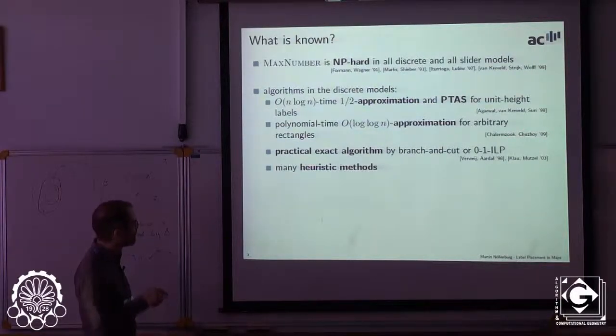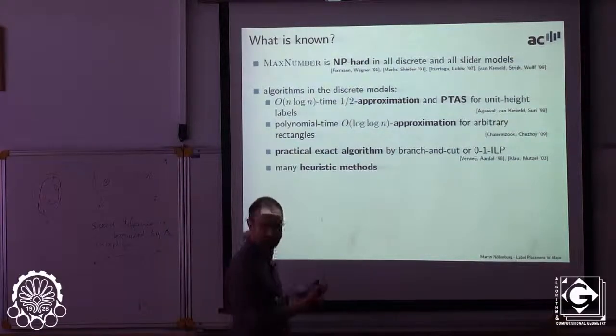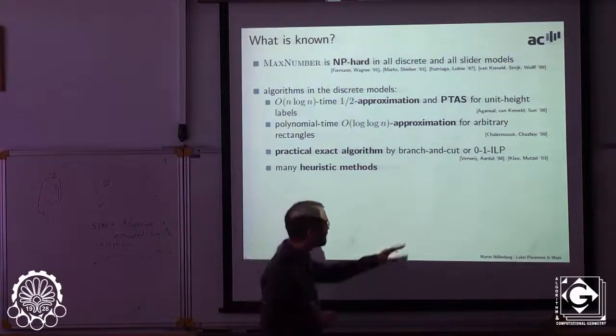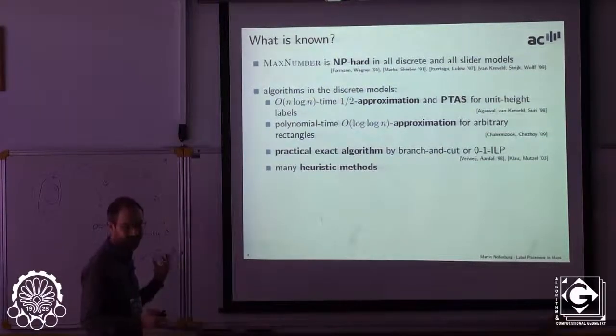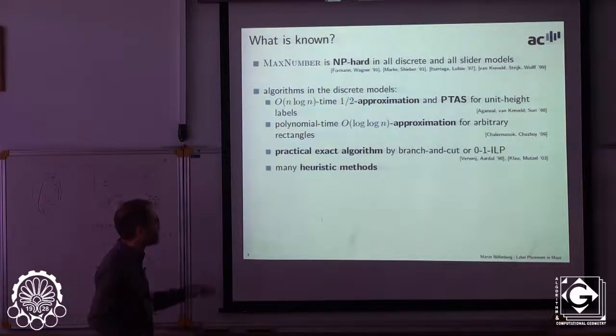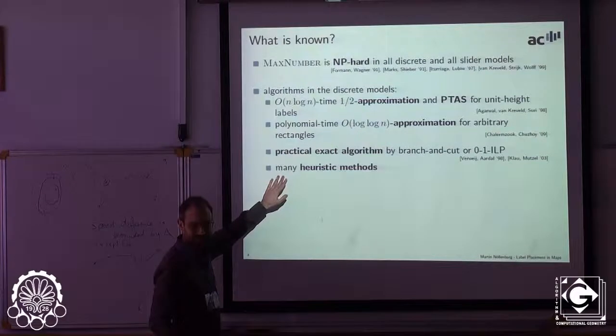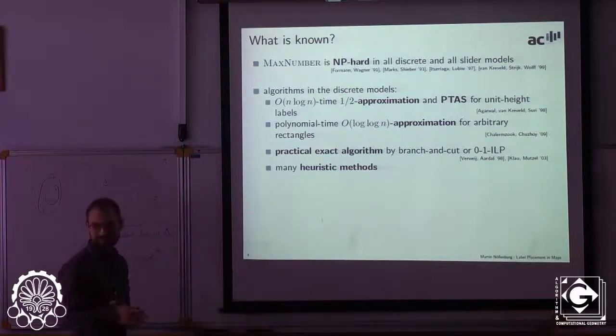There's also many practical exact algorithms using, for example, some branch and cut ideas of how to get to the optimum by not exploring the entire search space, or using integer programming. We've seen, I think 2 days ago, how you can use integer programming to model geometric situations. And of course, because this is a very practical problem, there's lots of heuristics that try to place many labels, but there's no guarantees of how many they place.